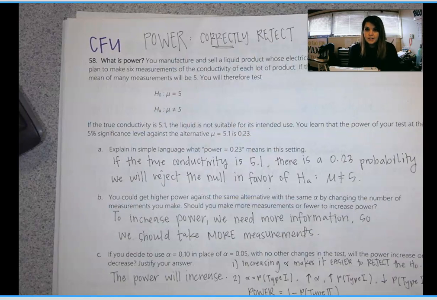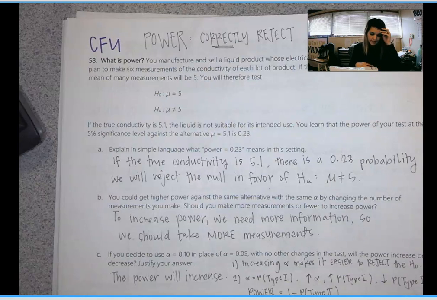You will therefore test that your mean measurement is 5. Your alternative is that it's not 5. If the true conductivity is 5.1, the liquid is not suitable for its intended use. You learn that the power of your test at a 5% significance level is 0.23.